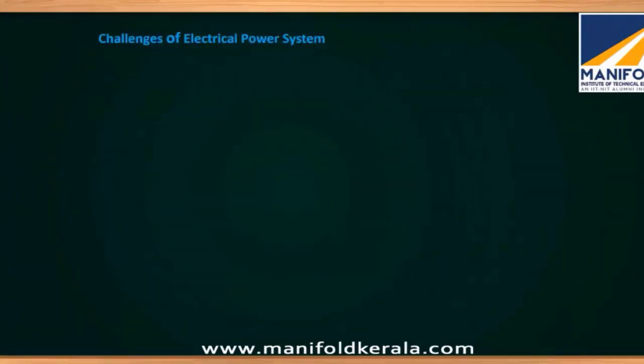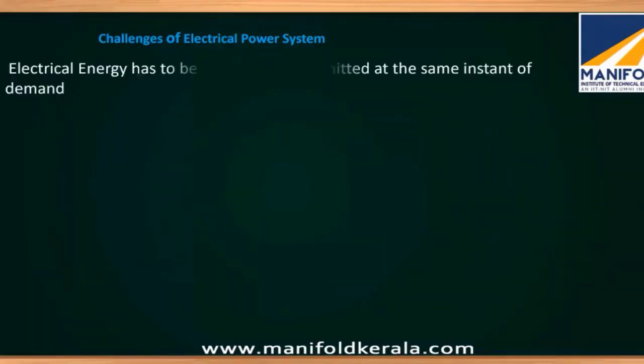So, challenges of the electrical power system. What are the major challenges? One very important point in our electrical power system or electrical network is that electrical energy has to be generated, transmitted, and supplied to the customer at the same instant of demand.